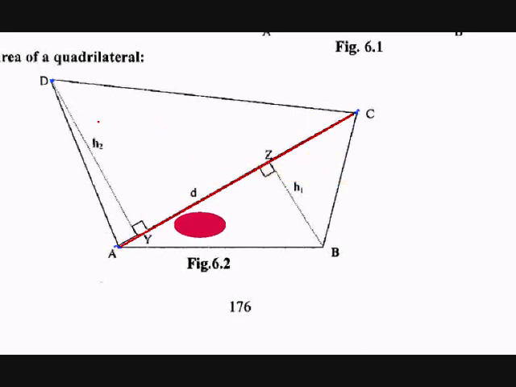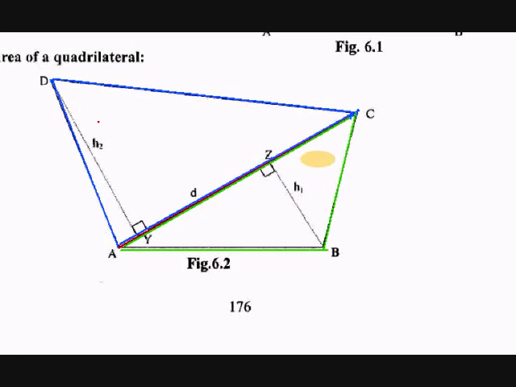So look at this. You draw it into two triangles, that is ABC. You have this triangle, AC, and here is another triangle ADC.